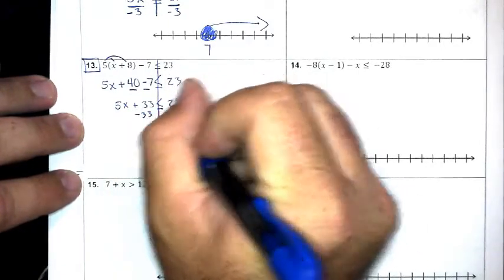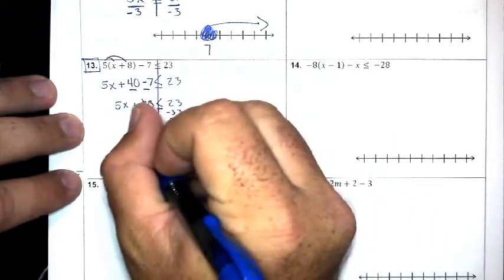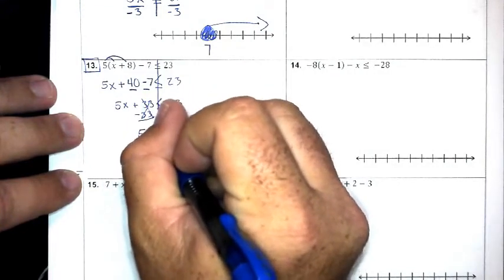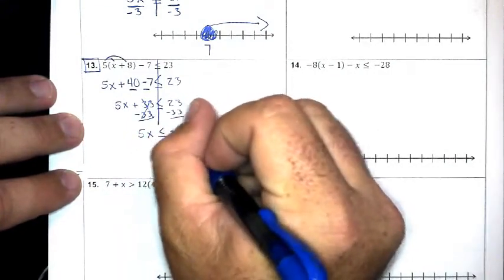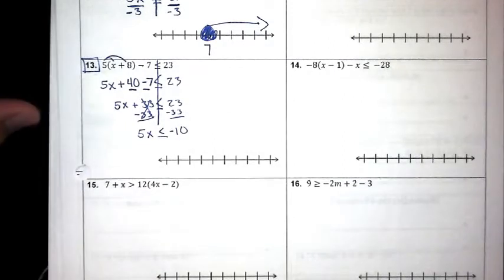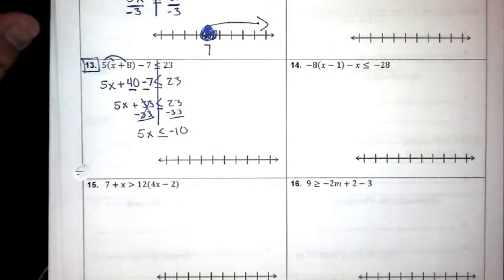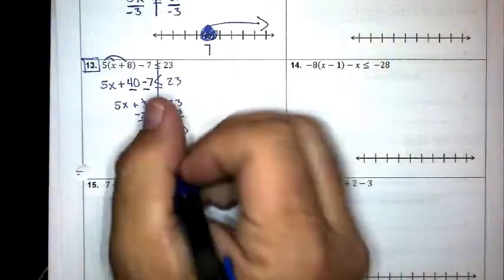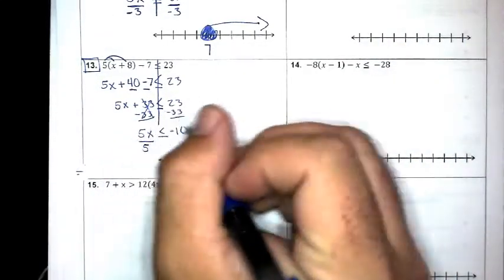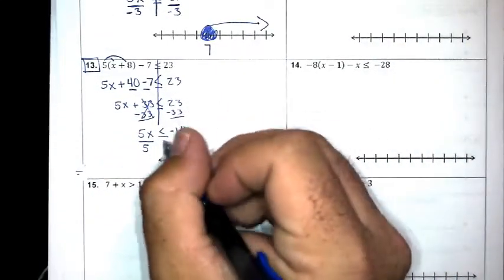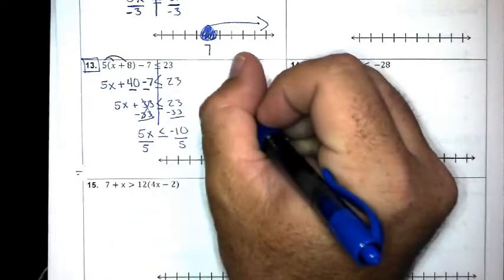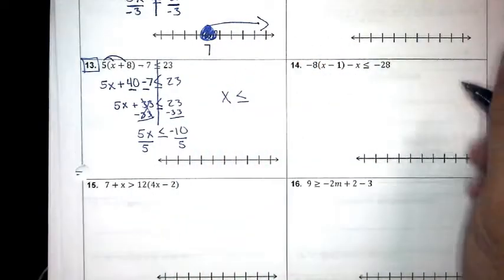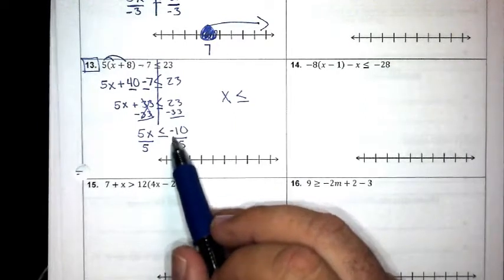Who's got me down for the last step? Divide by. Did you say negative 5 or positive 5? Positive. So I am dividing by a positive. Will this flip? No. Yes, I divided into a negative, but what did I divide by specifically? A positive. So my inequality symbol will not change.